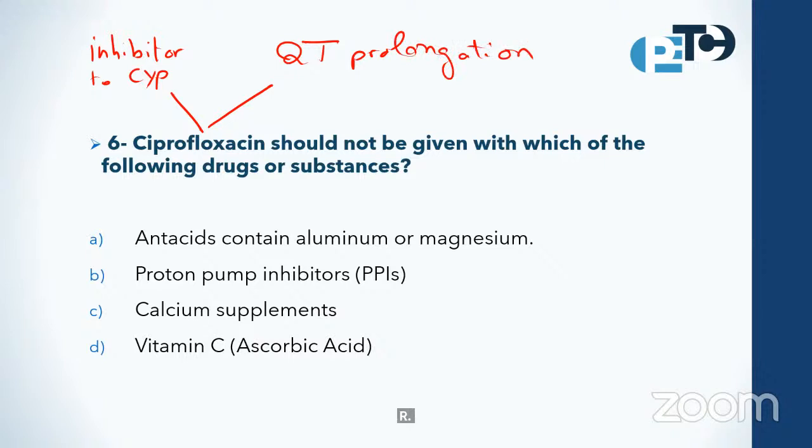So if we have another drug acting as an antiarrhythmic or leading to QT prolongation, we should take care. We should not give them together. So let us see the options or the choices.